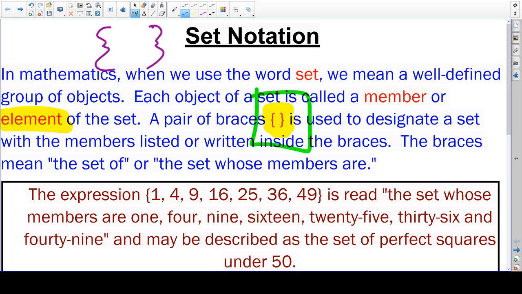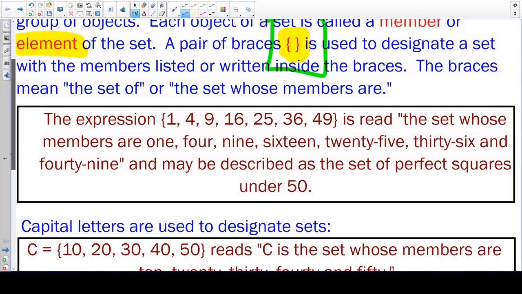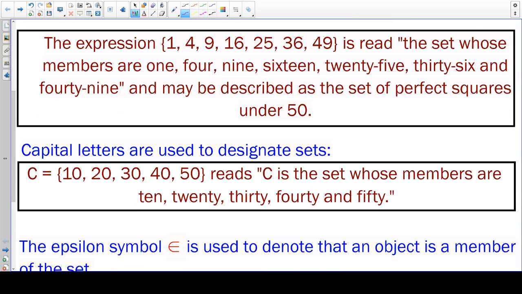Now, what we'll do is we'll go over and look at this here. The expression {1, 4, 9, 16, 25, 36, 49} is read as the set whose members are 1, 4, 9, 16, 25, 36, and 49.